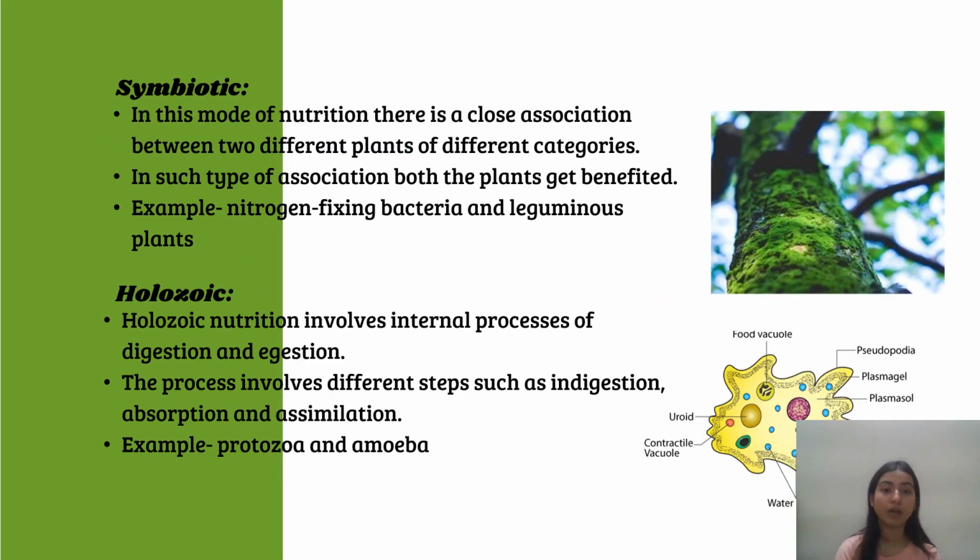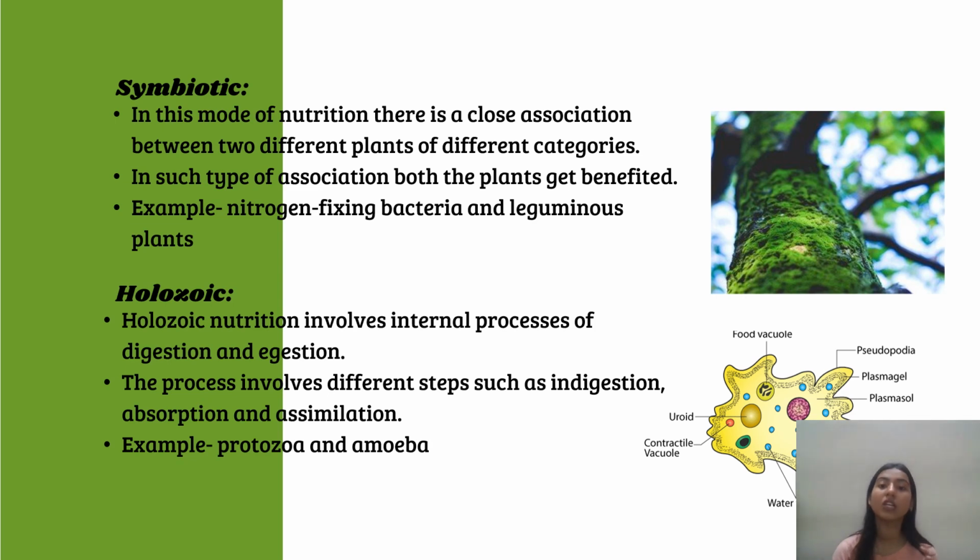Next, moving to the symbiotic mode of nutrition. This is the only mode of nutrition in which both the parties get benefited. For example, nitrogen fixing bacteria and leguminous plants. So what is happening here? The nitrogen fixing bacteria is helping the plant to obtain nitrogen by fixing it to the roots.